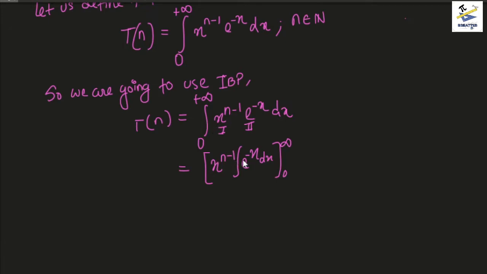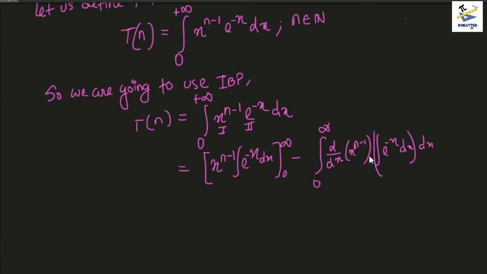So we do the same thing, but at the end we evaluate it from the lower and upper limits. Minus the integral from 0 to infinity of the derivative of x to the power n minus 1 multiplied by the integral of e to the power minus x dx, and you can have another dx here because it will be used for the outer integration. So this is basically the format.